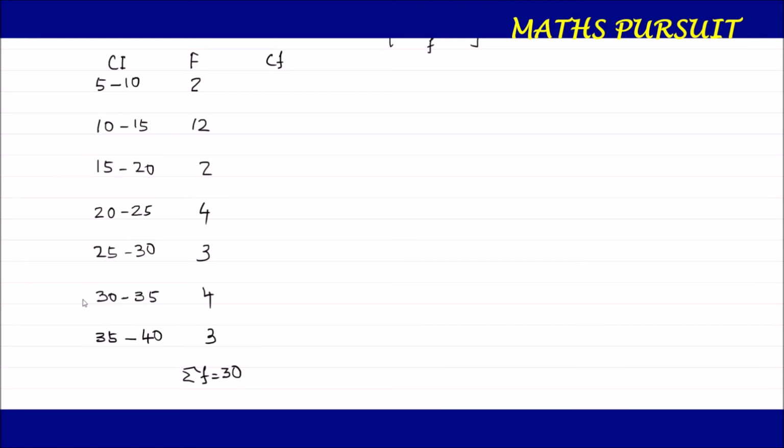Now the cumulative frequency we can calculate like this: 2, then 12 plus 2 is 14, 2 plus 14 is 16, 4 plus 16 is 20.